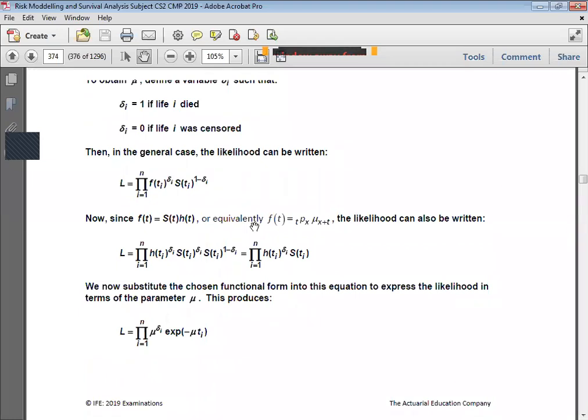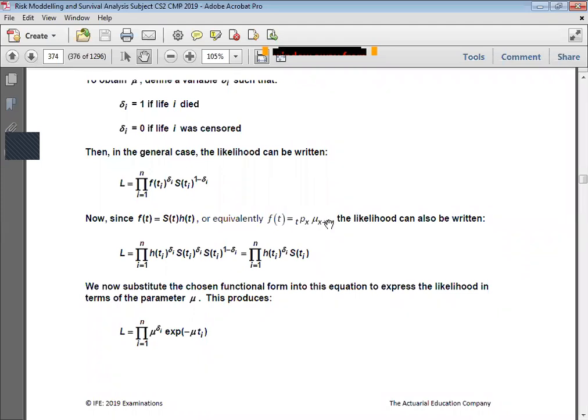But now again, this f of t represents the probability that some particular rat died at time t, right? And this can also be written as tpx times mu x plus t. This x represents the age before my study started, and this t represents the duration.